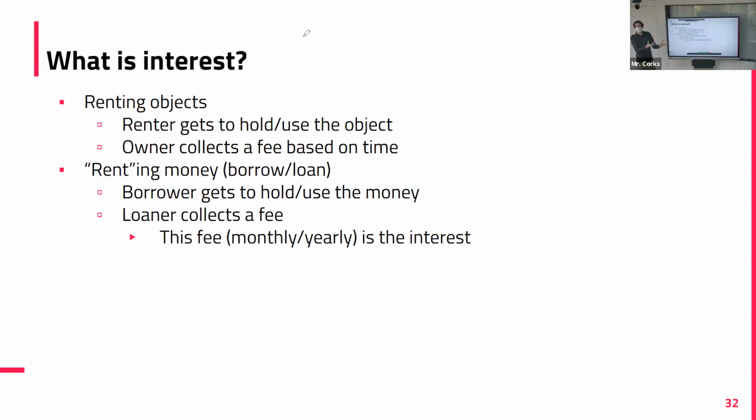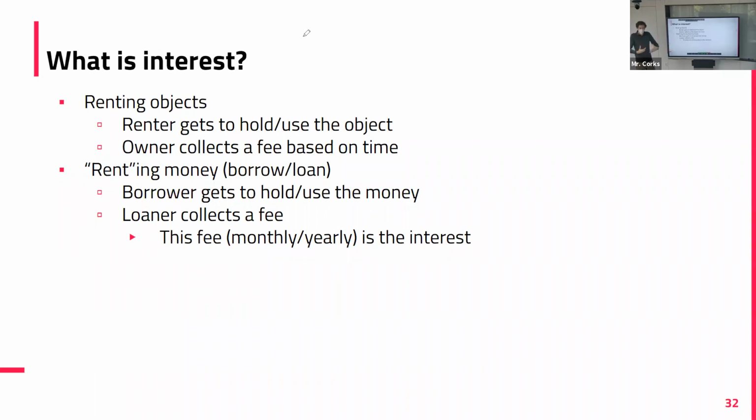If you rent a house, an apartment, or a car, that means you get to hold or use that thing. You get to live in the house, you get to drive the car. But for the privilege of borrowing and using that thing, you pay money. Interest is renting money. So that's the easiest way to think about it.